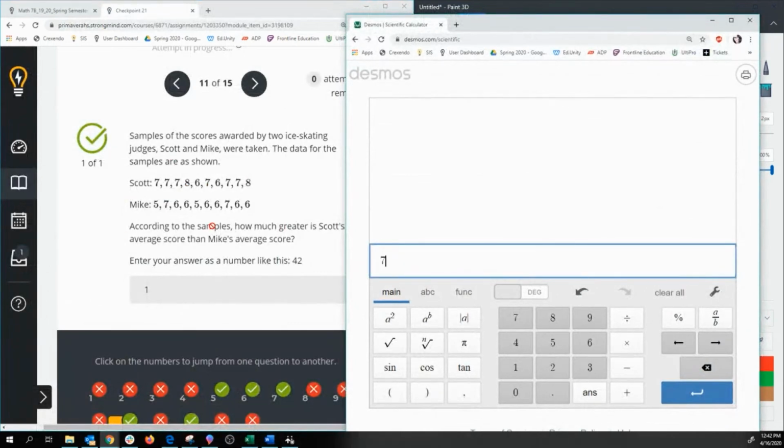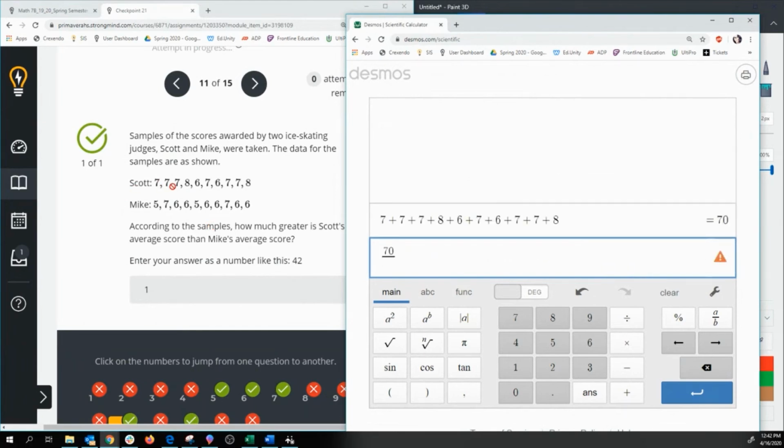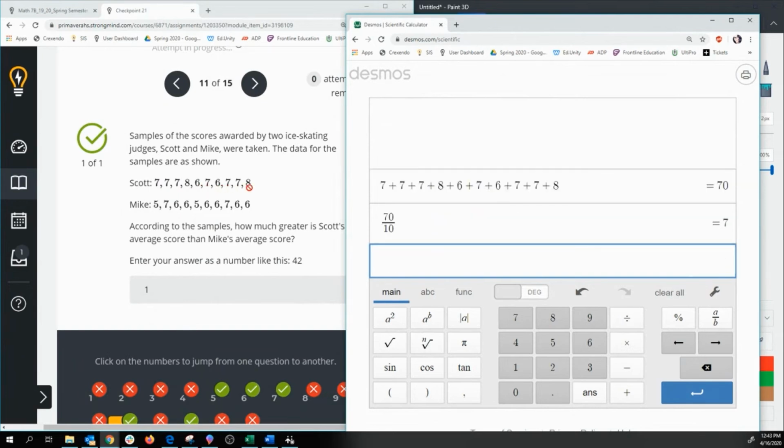So again, we're just going to add up all of the scores. Again, double check when you are typing in numbers. One, 2, 3, 4, 5, 6, 7, 8, 9, 10. And let's do Mike.